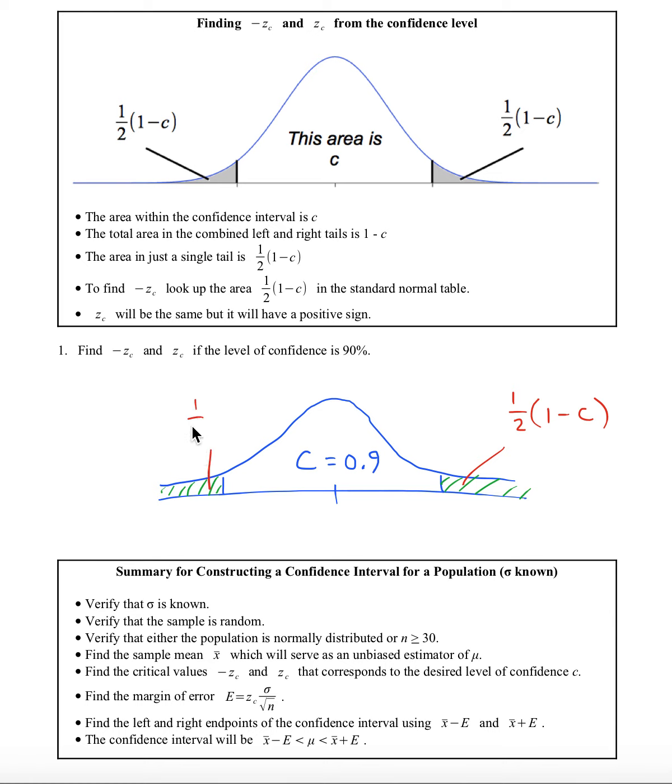This tail is going to have 1/2 (1 minus C) as well. Let's figure out how much area that is. It's actually 0.05.